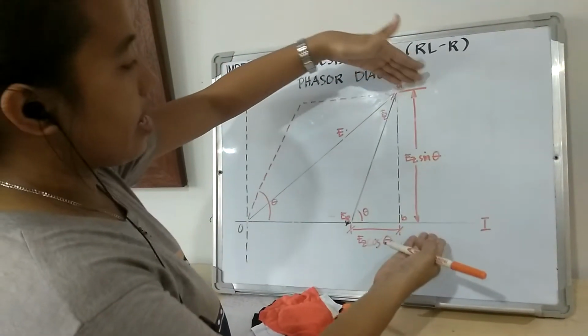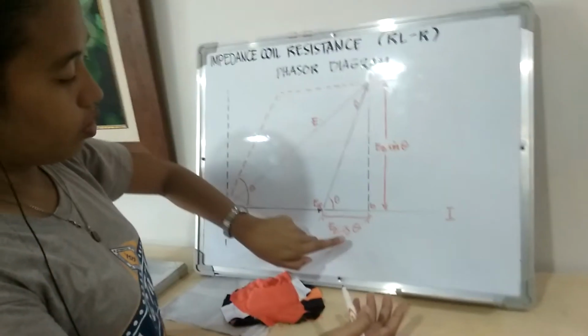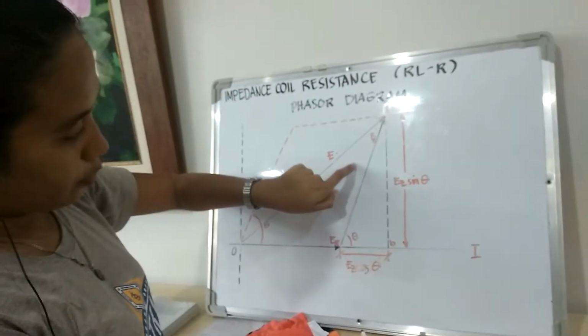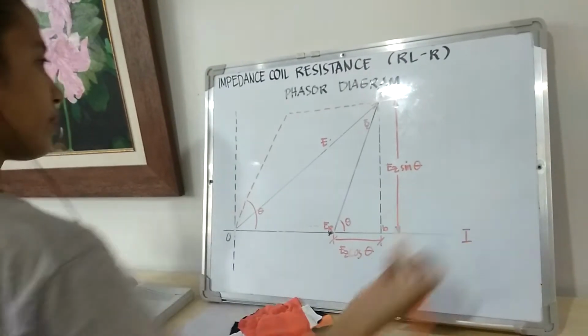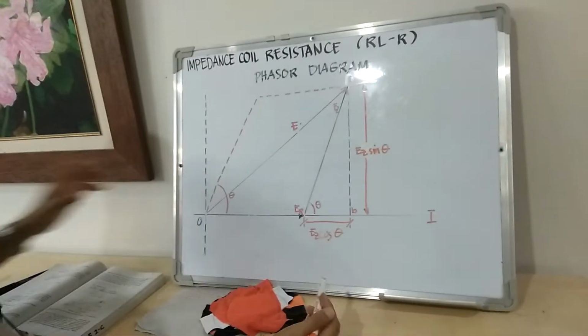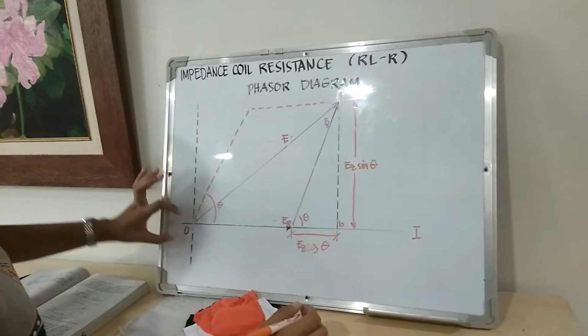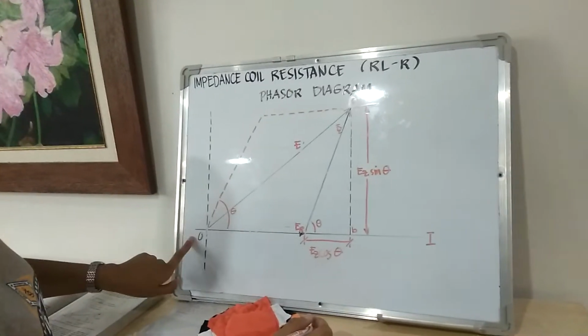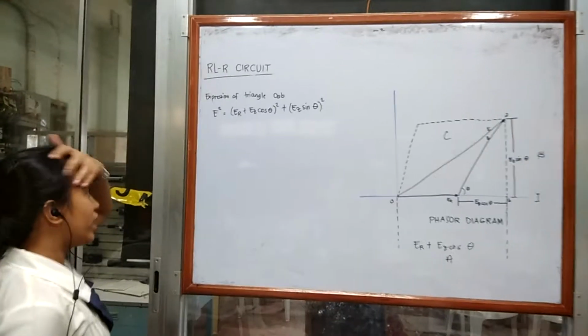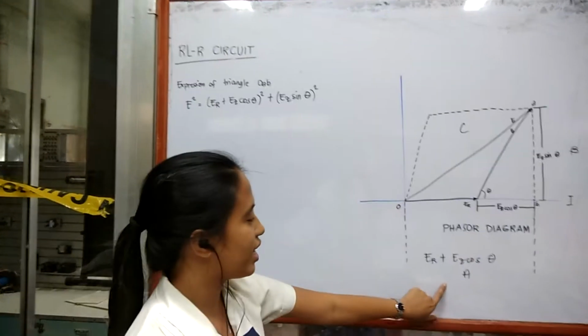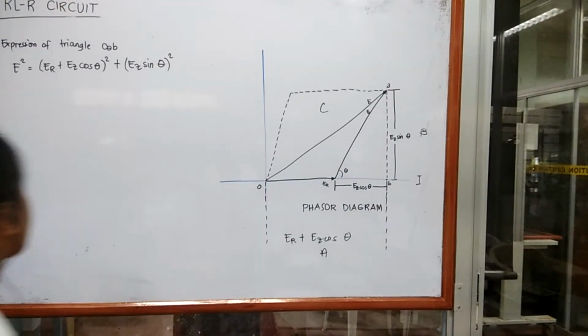Then this side, opposite of the hypotenuse, so what we will use is EZ sine theta. Then this is our new triangle, triangle OAB. Expression of triangle OAB. So this one is the side A, side B, and side C.